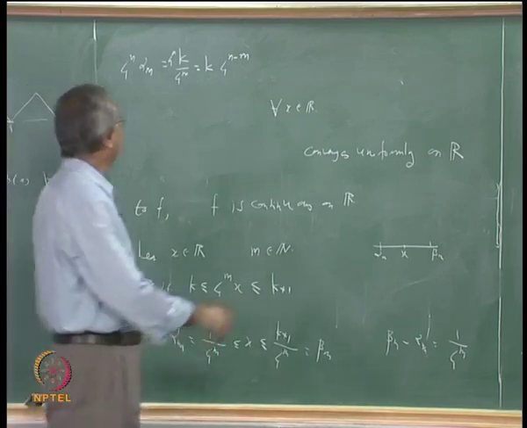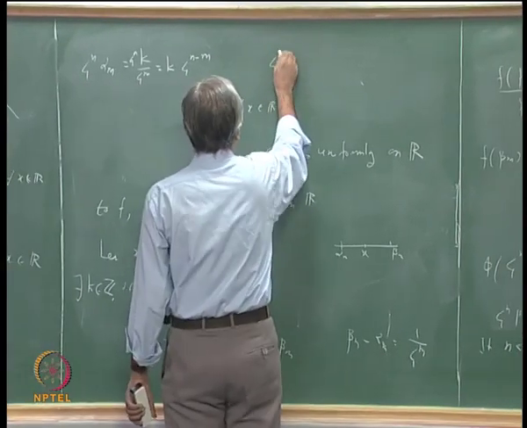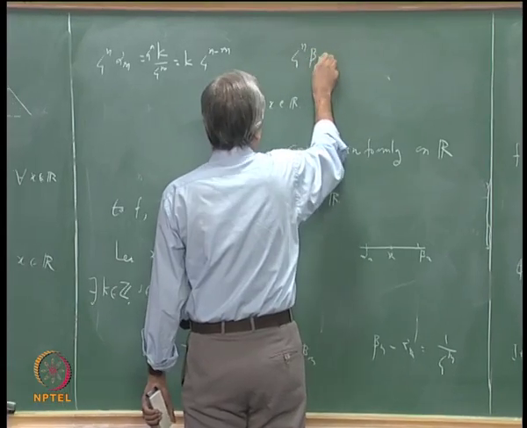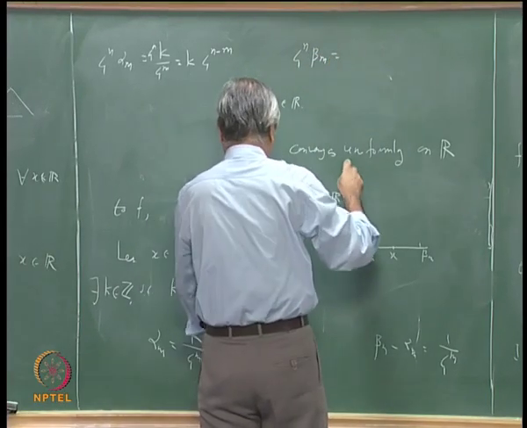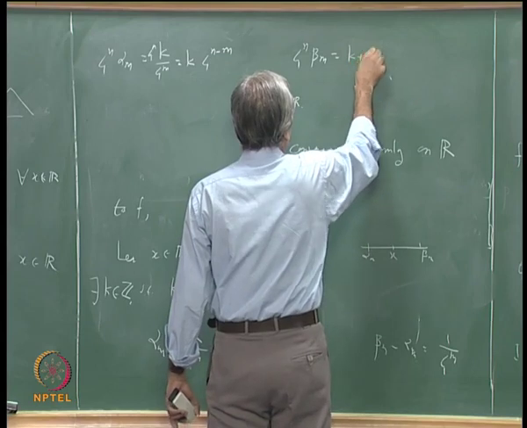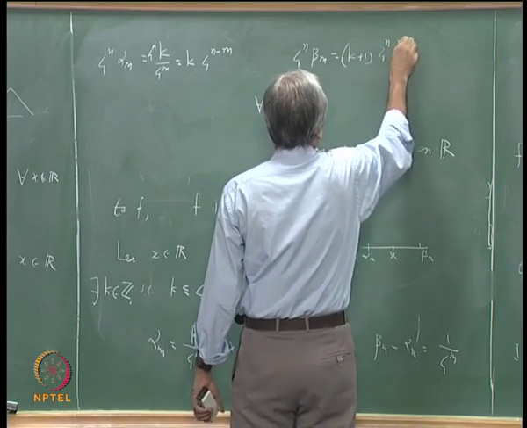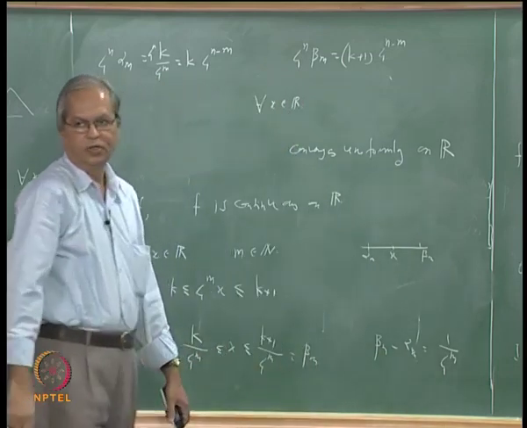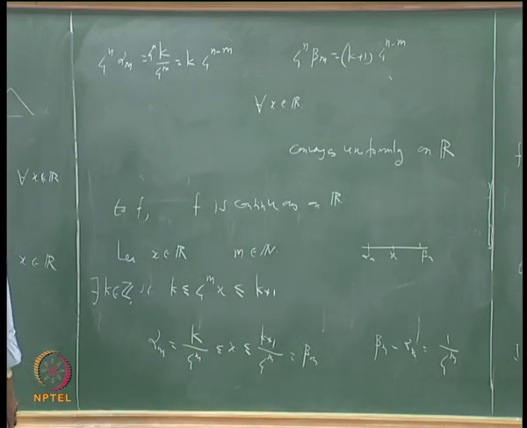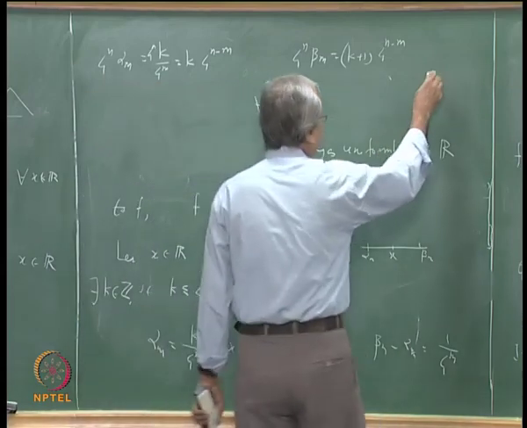Similarly, 4 to the power n beta m will be k plus 1 into 4 to the power n minus m, where k is some integer. Remember, k is an integer.